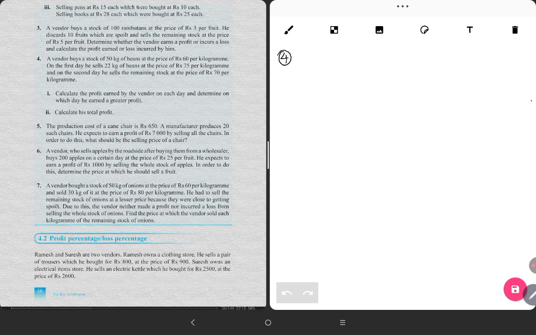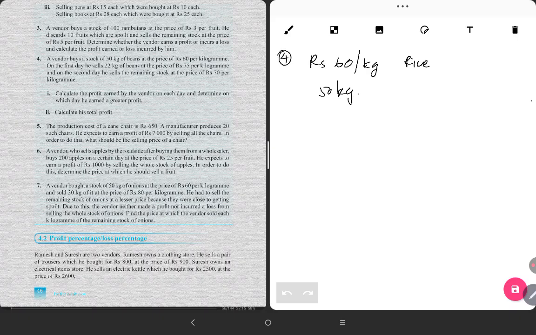A vendor buys a stock of 50 kilograms of beans at the price of 60 per kilogram. You can also write it this way, rupees 60 per kilogram. He is purchasing at 60 per kilogram, but he is buying 50 kilograms overall, right?